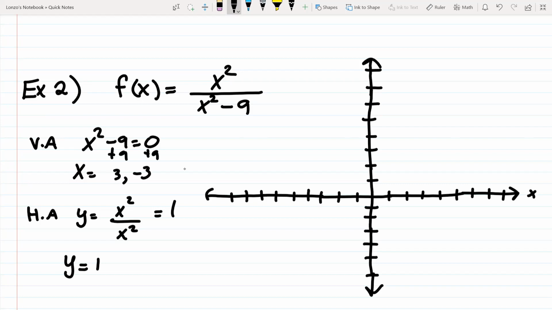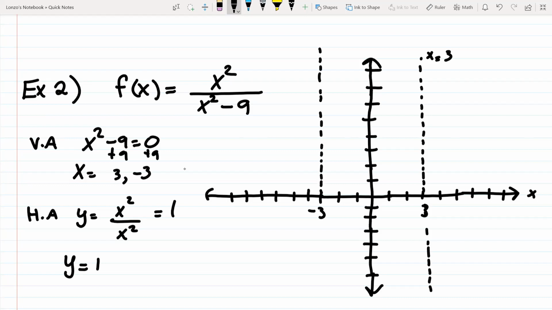Okay, so a vertical asymptote at 3, and then another one at -3, and then a horizontal asymptote at y equals 1.